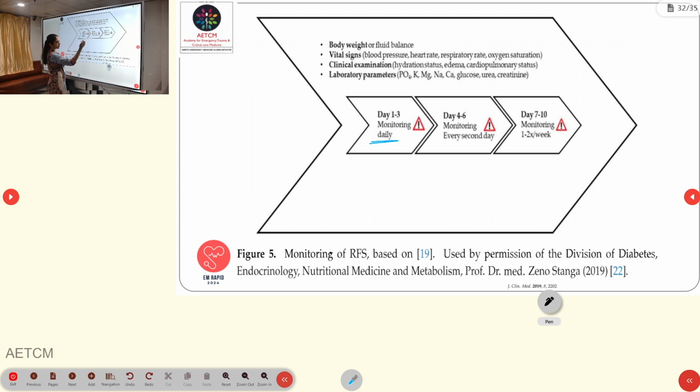And after 4 to 6 days, we will slowly transfer the patient from a low feed diet to the patient's normal expected targets. At that time also we will have to continue monitoring the patient every second day. Then in the remaining days, after 7 days, we will have to monitor the patient's electrolytes at least twice a week.